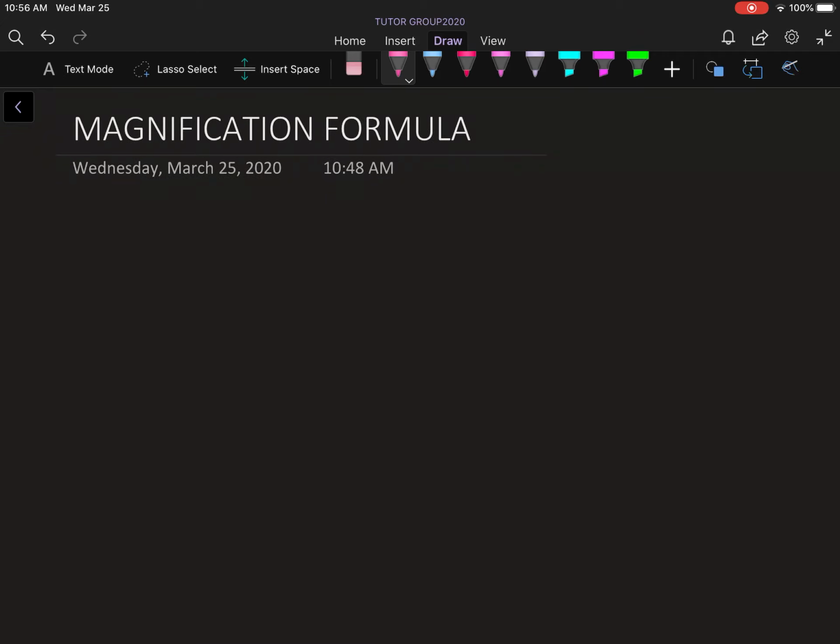Hello guys, today we're going to start out by going over the magnification formula, which is in chapter 14 of your digital age book for physics.